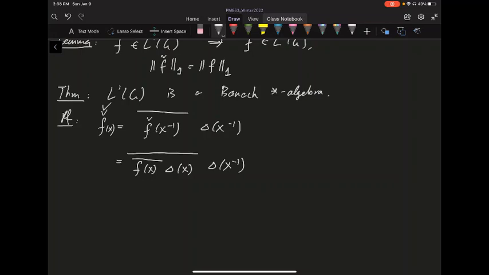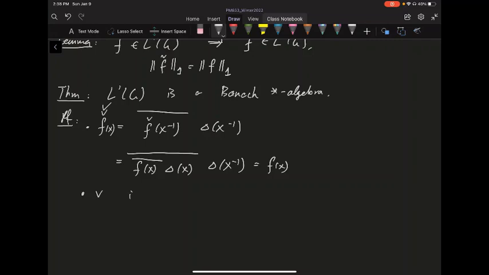The modular function is real valued, so the conjugate of delta x is just delta of x, and delta is a group homomorphism, so delta x times delta x inverse is 1. This ends up as f of x. So the double check is f itself.